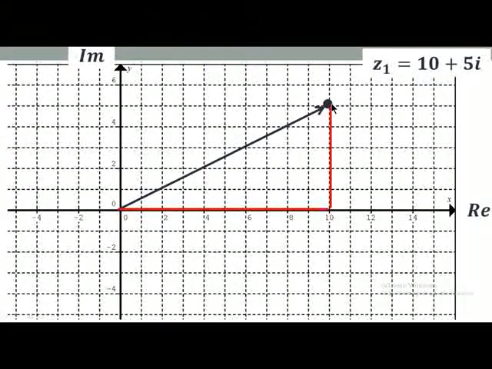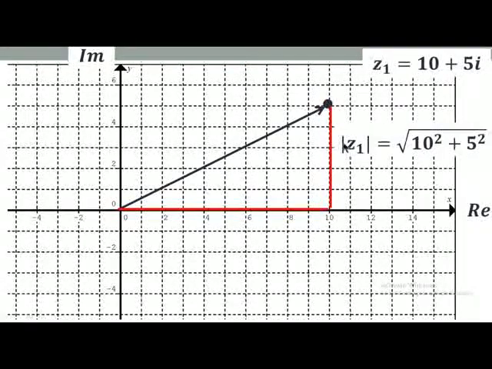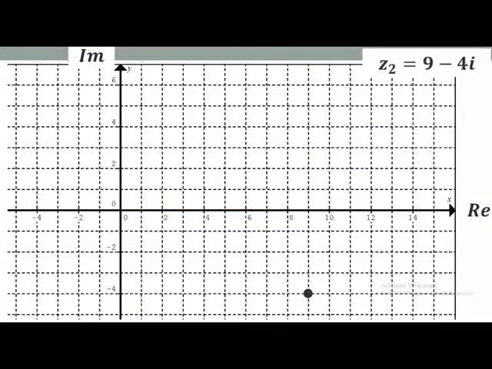So we're going to find the length of this row. It forms a right angle triangle. So absolute z1 equal to square root of 10 squared plus 5 squared equal to square root of 121. How about z2? z2 is 9 minus 4i.